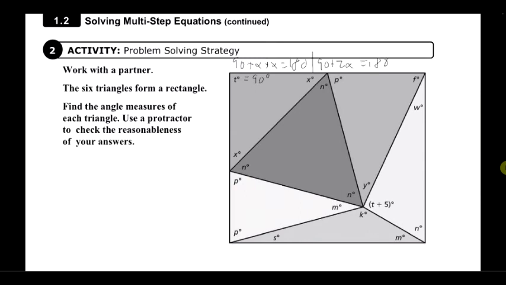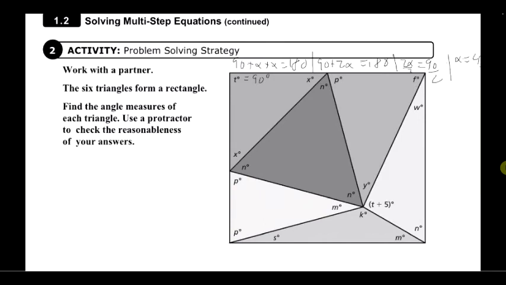Subtract 90 from both sides, so we get 2x equals 90. 180 minus 90 is 90. And x equals 45. Divide both sides by 2.